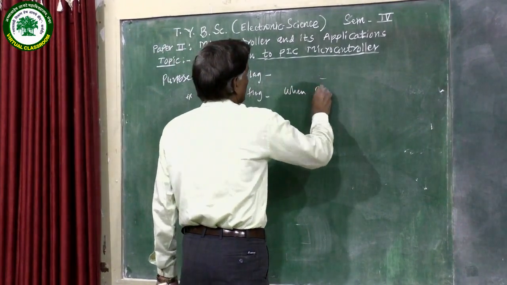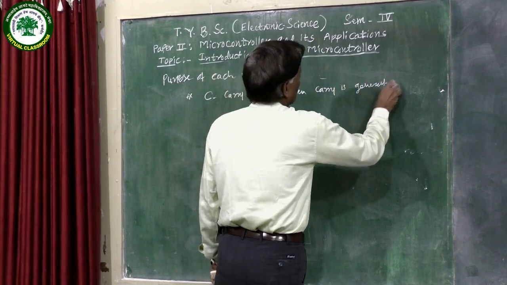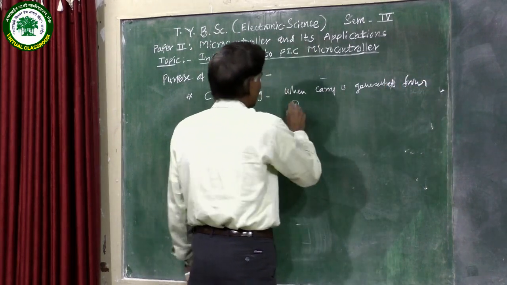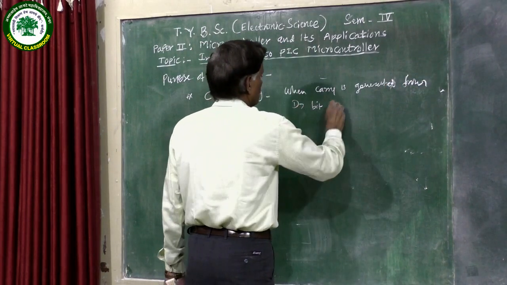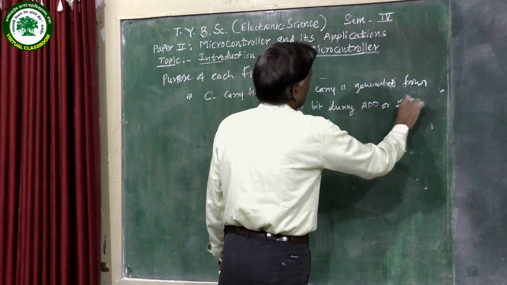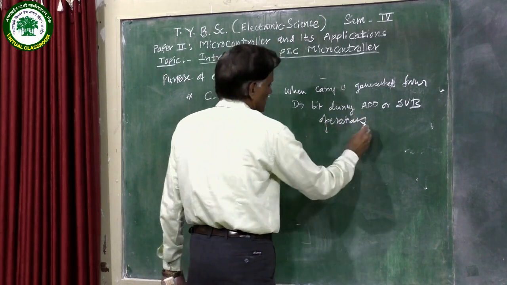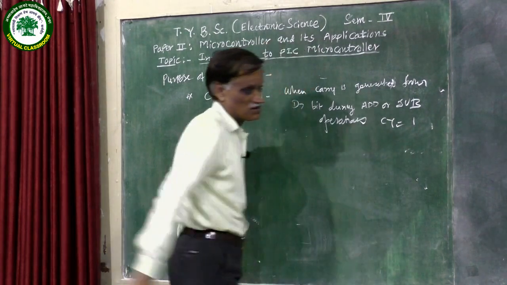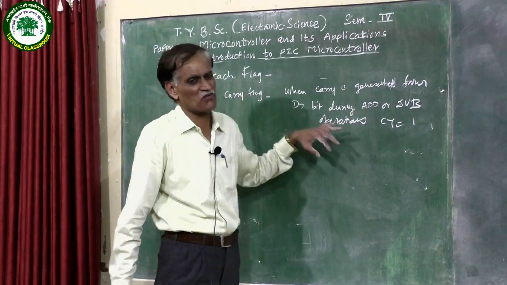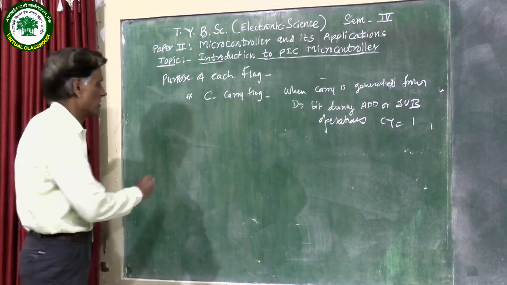When a carry is generated from the D7 bit during add or subtract operations, the CY flag sets. Therefore, whenever there is generation of carry from the MSB bit position, the carry flag sets to 1.